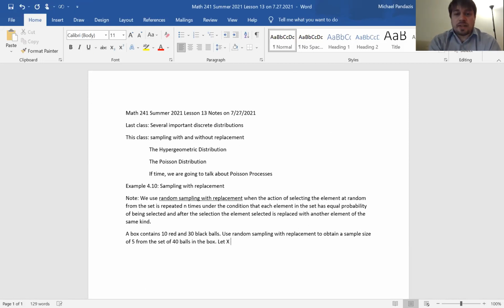Let capital X be the number of red balls in the sample.